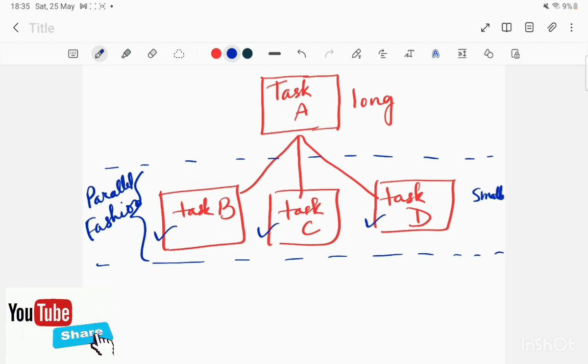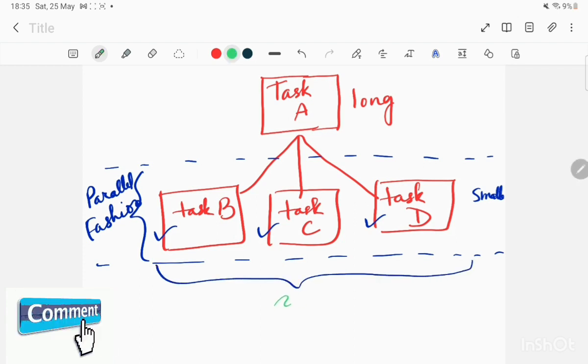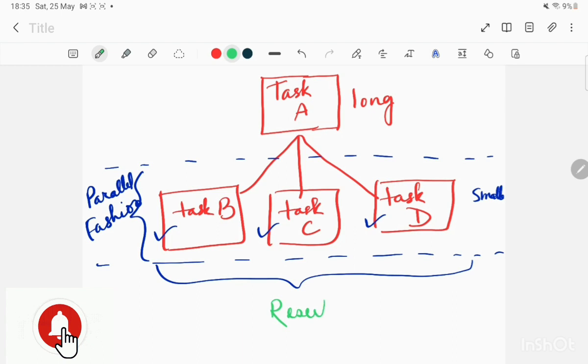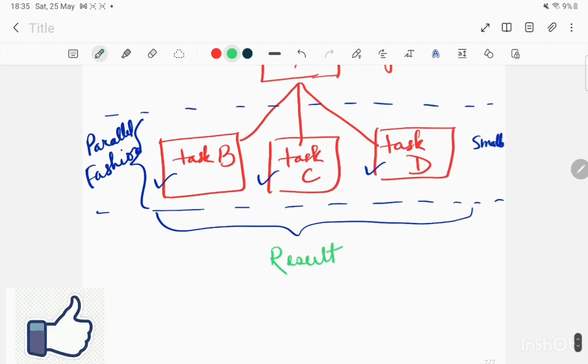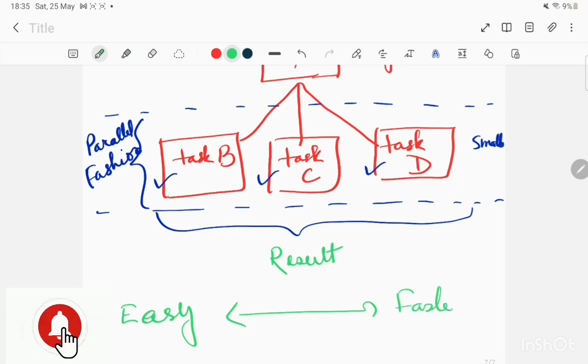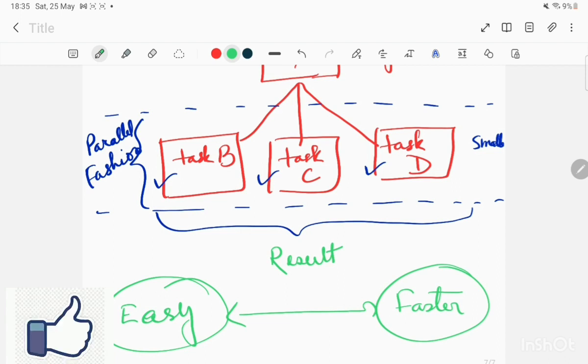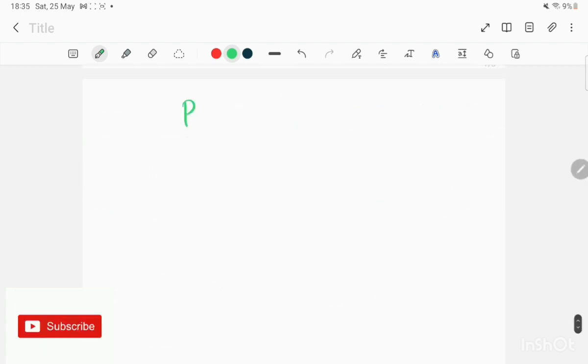After finishing the task, after computing the things, they will assemble the results at the end, and then we will get the result. So due to this method, processing has become easy as well as faster.